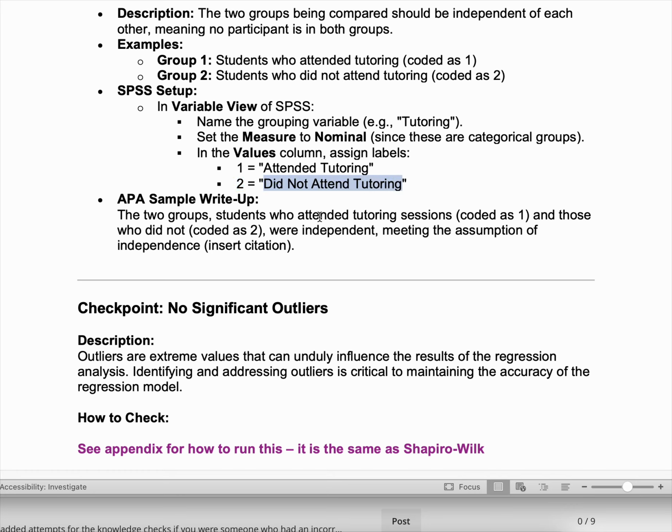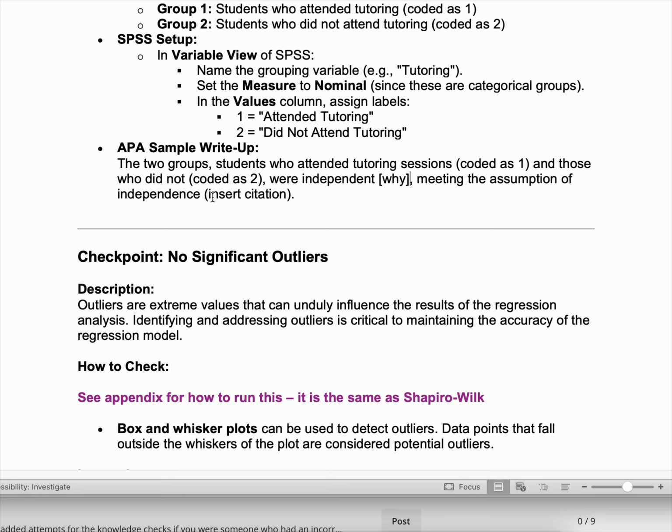So when I wrote my write-up, I clarified that I had students who attended tutoring sessions coded as a 1 and those who did not, coded as a 2, were independent, and you want to make sure you say why. Then we're going to have our citation.